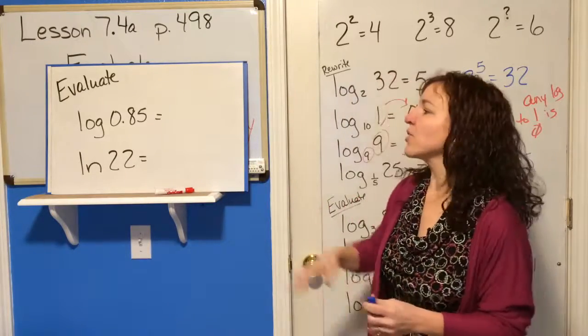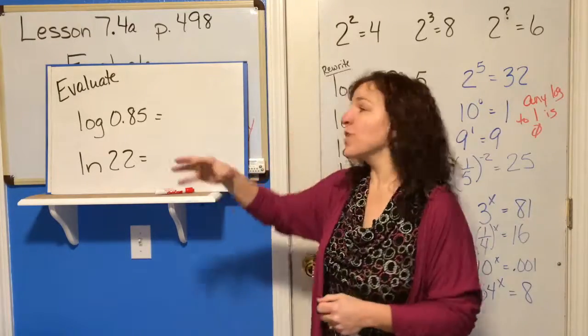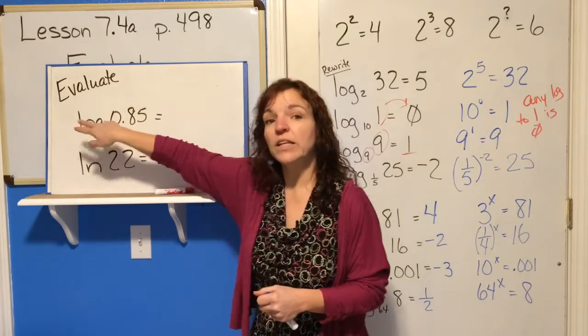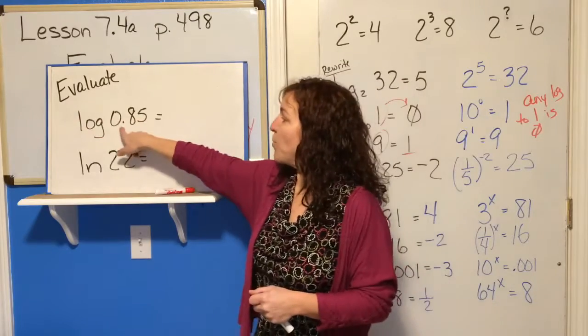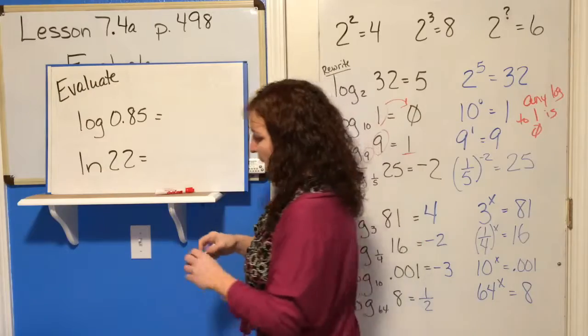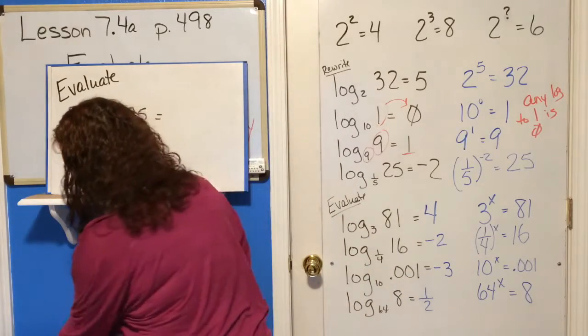So go to your calculator, and the trick is going to be, you've got to put the numbers in first before you press log, all right? So first you'll put in 0.85, then press the log of x button, and you should get out, what should you get out?